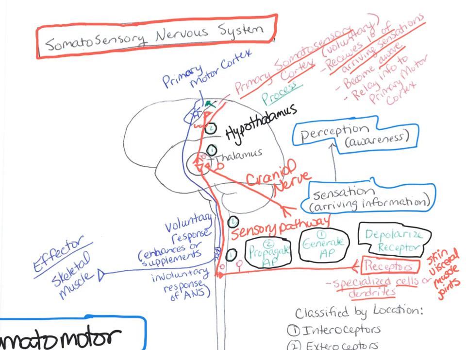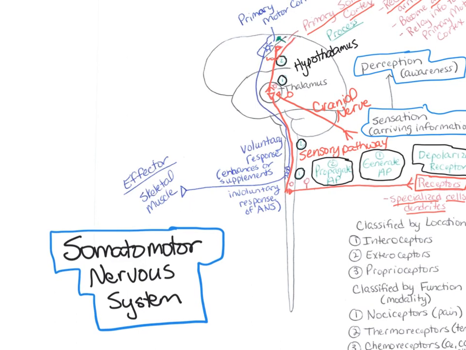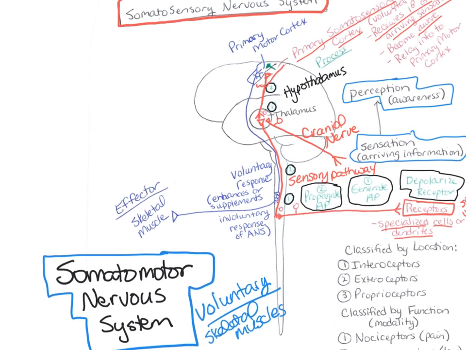So now let's look at the somatomotor pathway. A somatomotor pathway is your voluntary motor pathway. The effectors are skeletal muscles. Okay, so this is going to originate in the primary motor cortex.